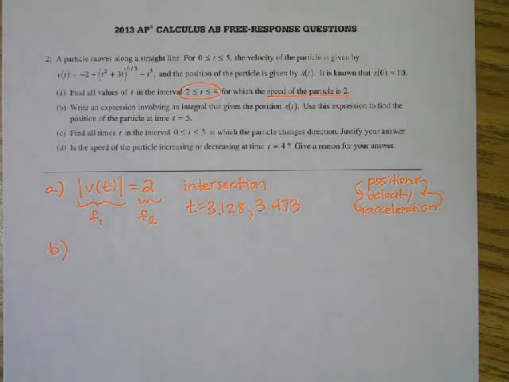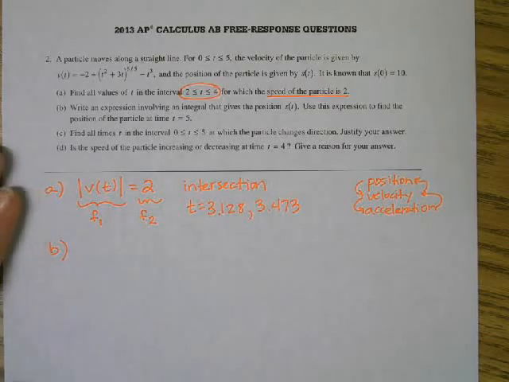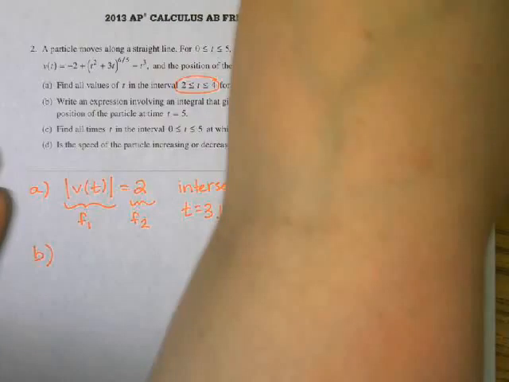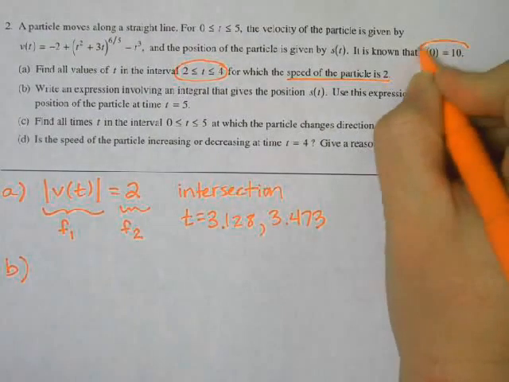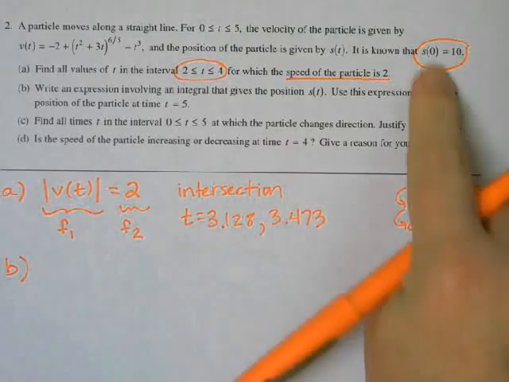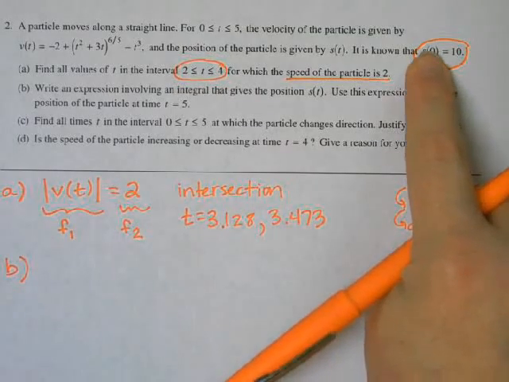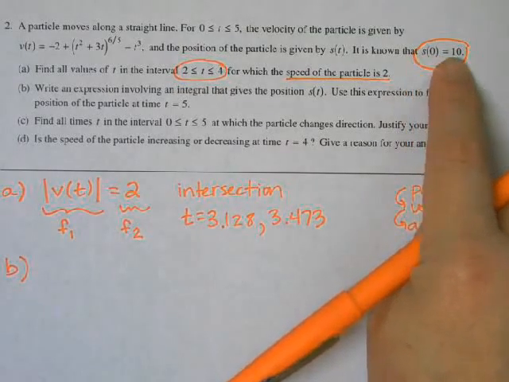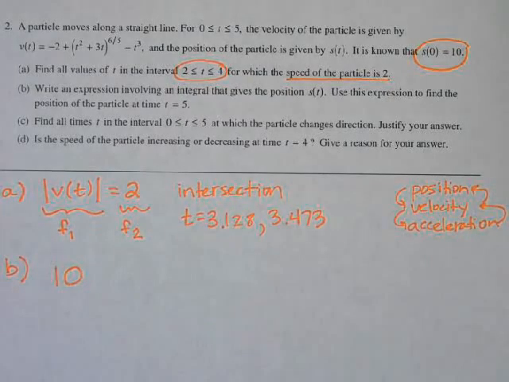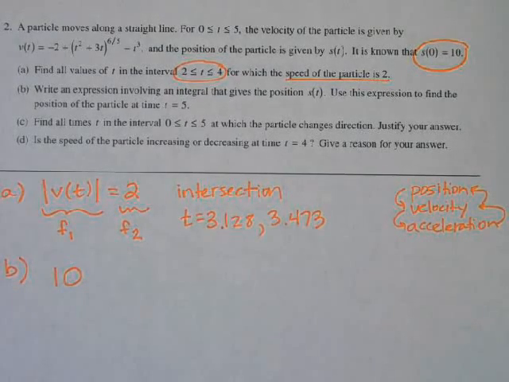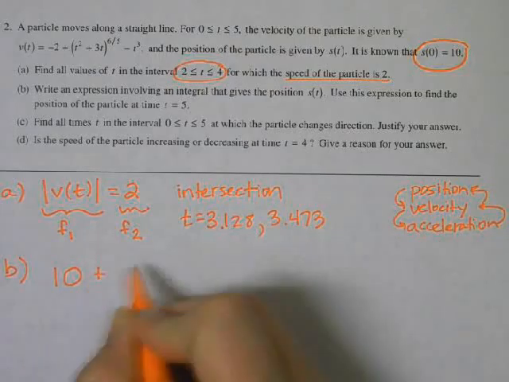So the initial position plus the change in position. Change in position, if you integrate velocity from the time that you knew the position to whatever new time you want to know the position for. So this would be the integral that gives the position. And so then we can use that by integrating from 0 to 5, the velocity equation.